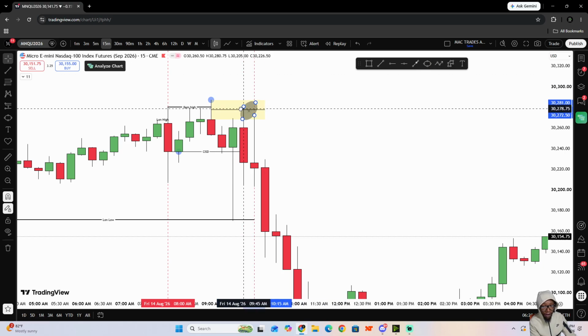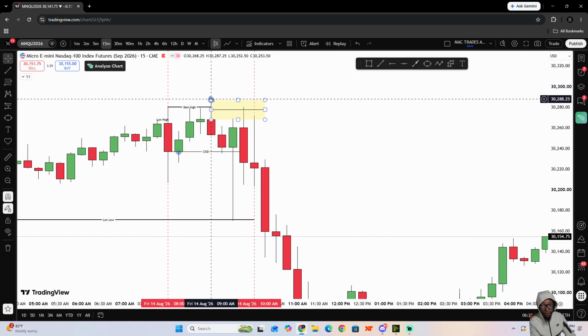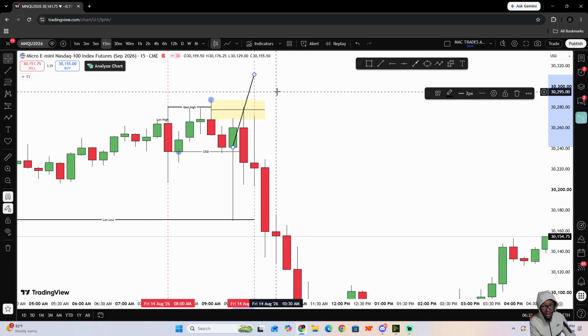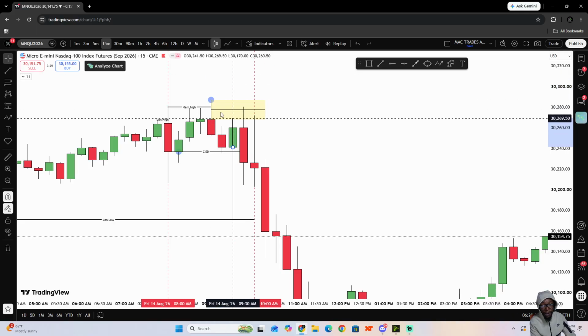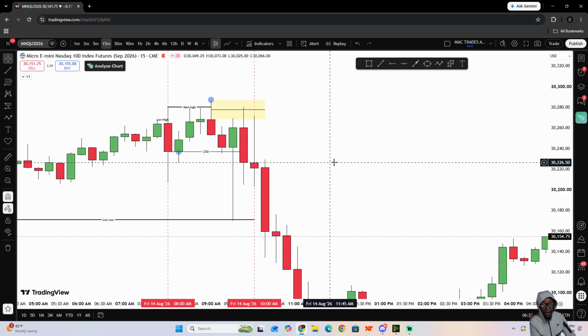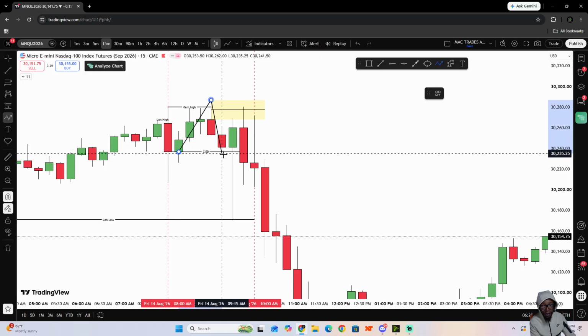If I don't want to see price break back above this rectangle, which would show that we're creating higher highs, this midpoint of this rectangle is a good area to start looking for your entries. But I'm still waiting for structure to break. No rushing the trade, so on and so forth.